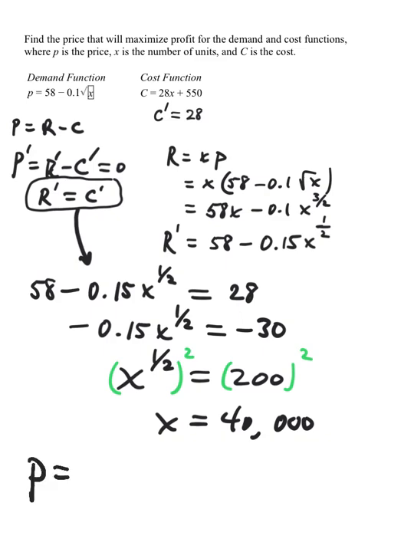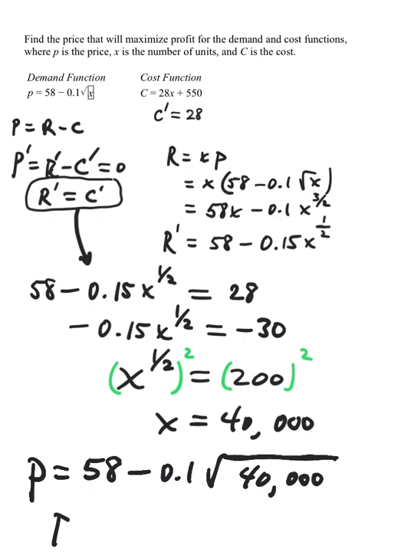Price equals 58 minus 0.1 square root of 40,000. 58.